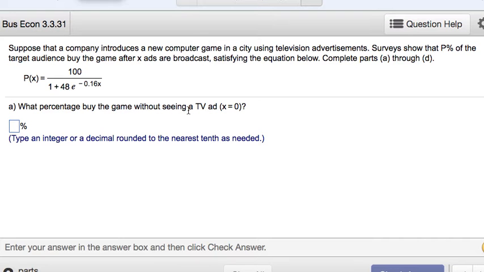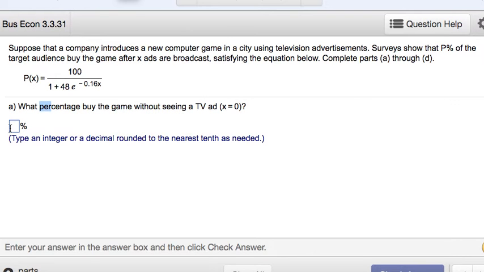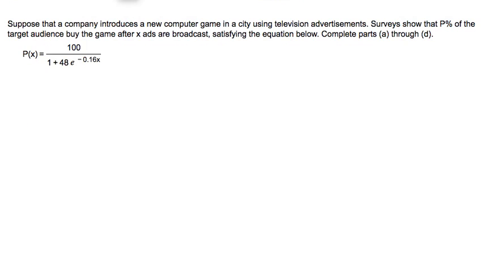So what percentage buy the game without seeing the ad at all? That is when X is 0. So let's plug in.